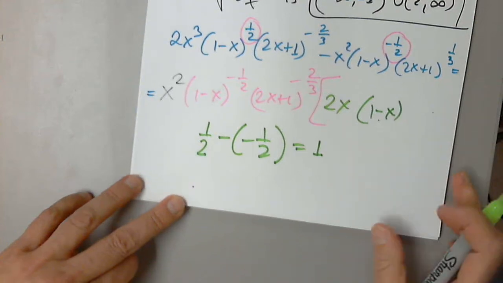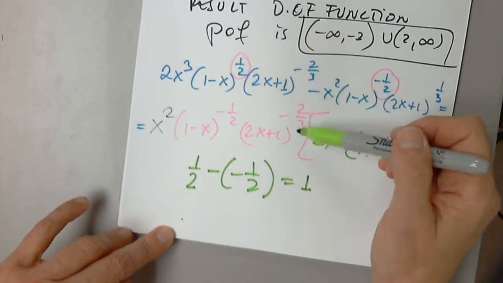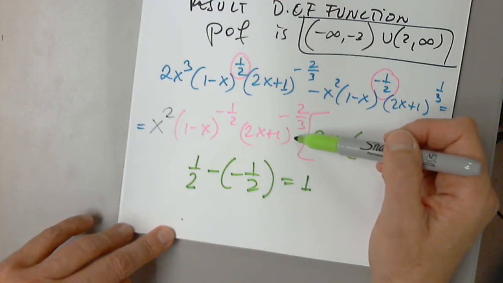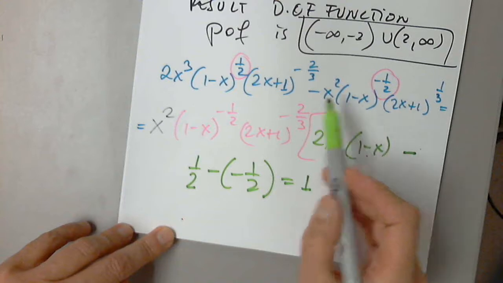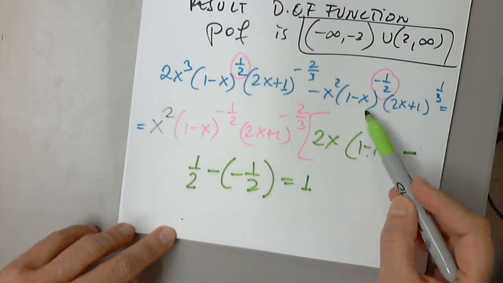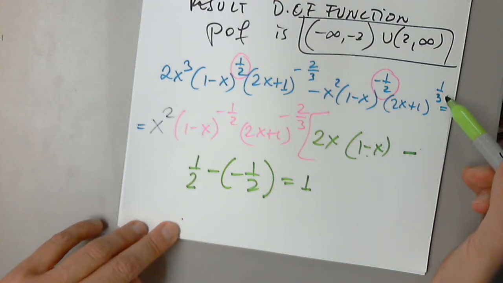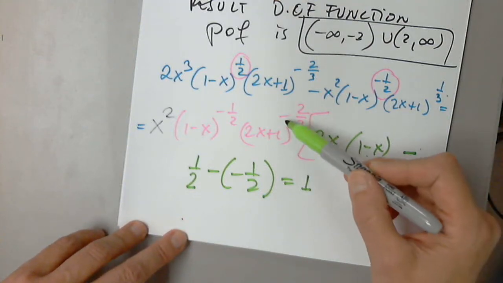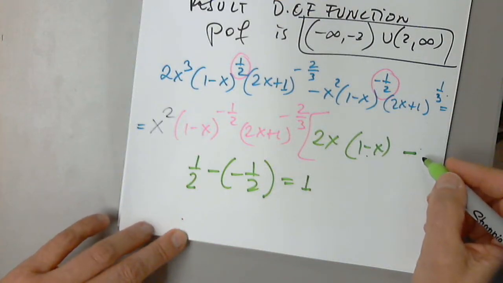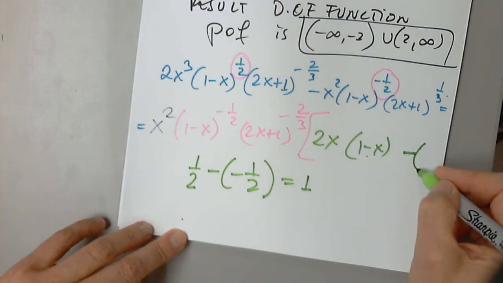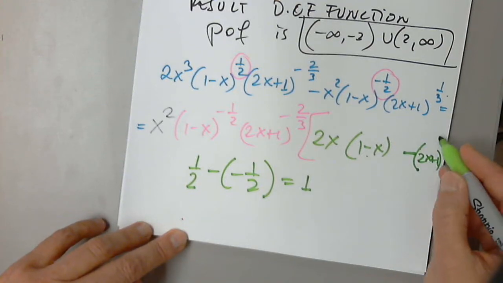So 1 minus x then. 2x plus 1 to negative 2/3 is completely out. Agreed? Yes. Now I reach the negative symbol. x squared is completely out. 1 minus x to negative 1/2 is completely out. From power 1/3, I subtract power negative 2/3. 1. Correct. Very good. In parentheses, please, because of the negative symbol in front. Awesome. Well done.